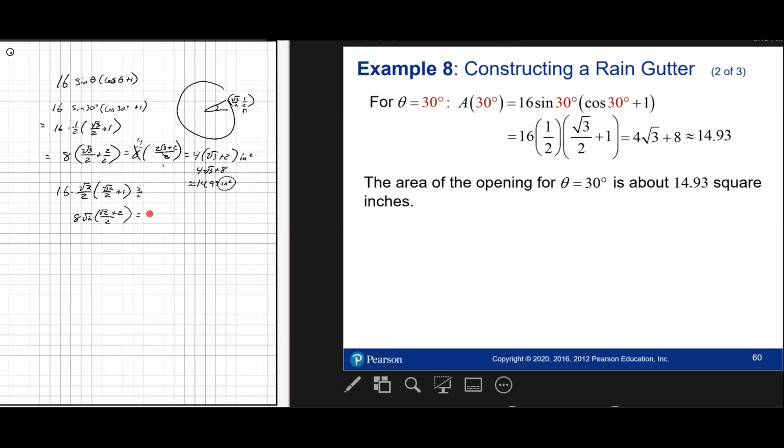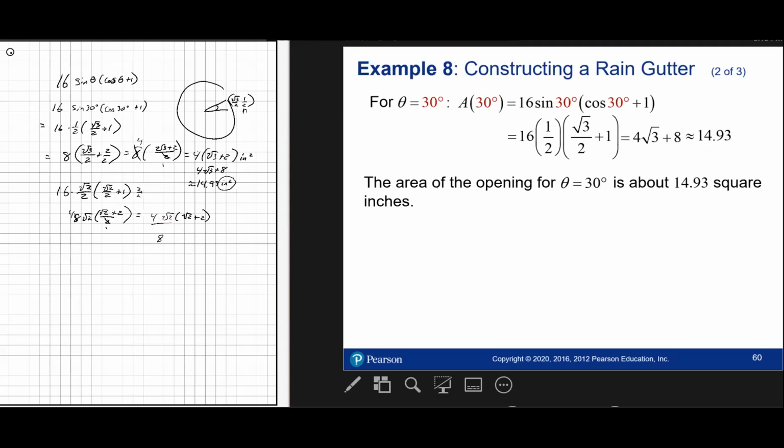And so multiplying by the 8 in here, that goes to 1 and that goes to 4. So now I have 4 times the square root of 2 times the square root of 2 plus 2, and multiplying in by the 4 square roots of 2, we end up with square root of 2 times square root of 2 is 2, and 2 times 4 is 8.